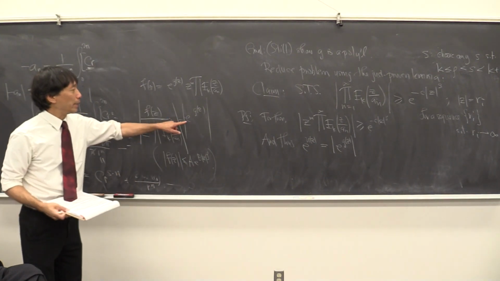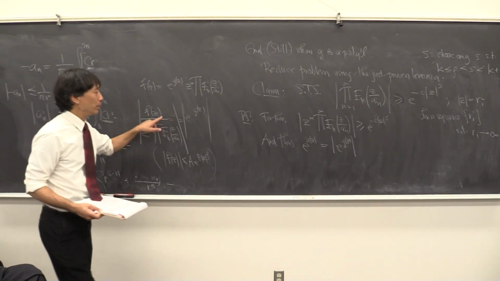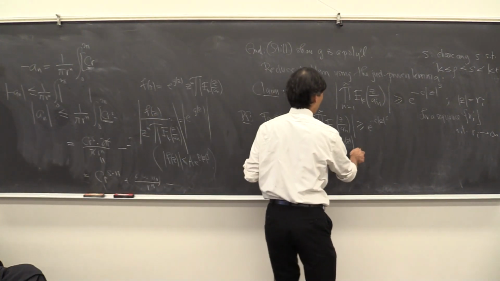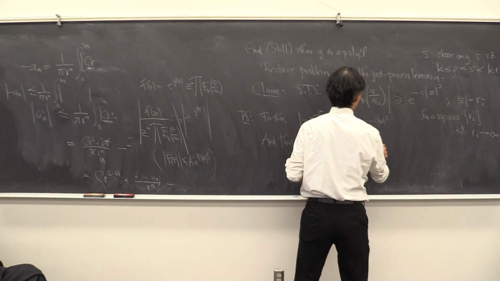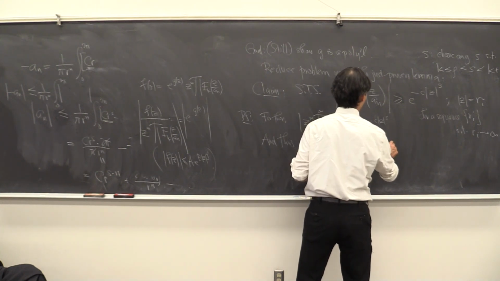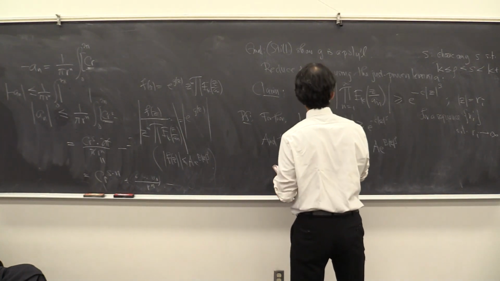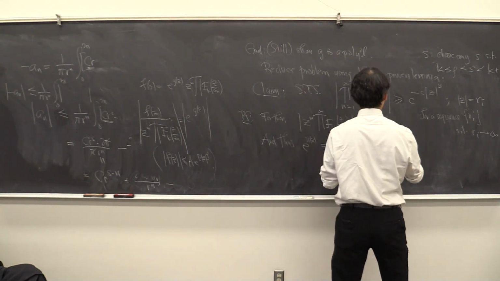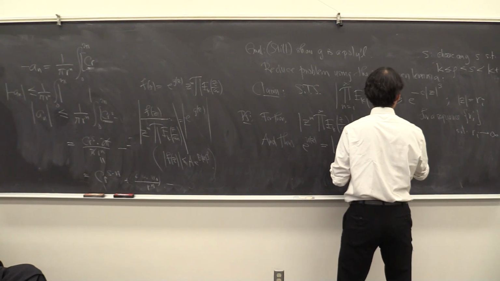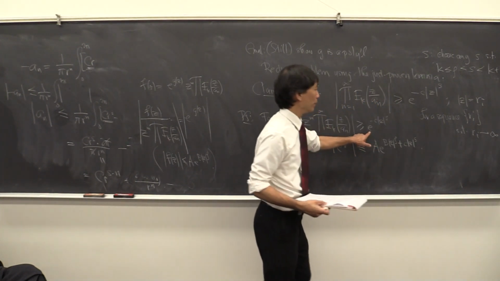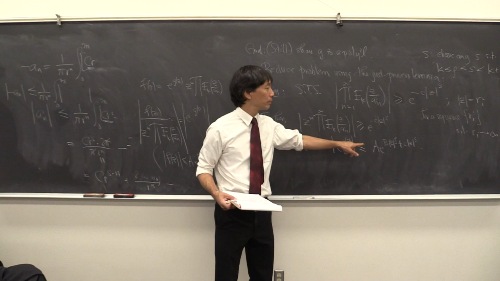That tells us that this guy is bounded by the bound for f times the bound for the reciprocal.